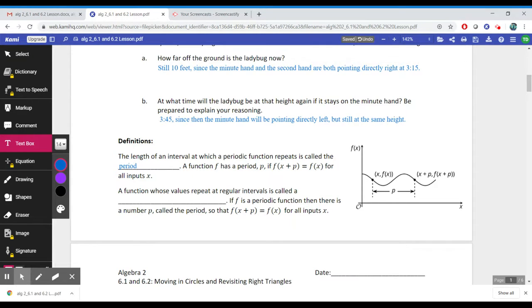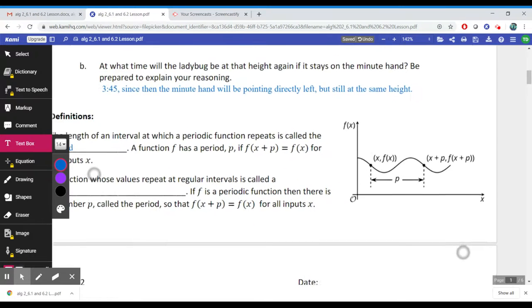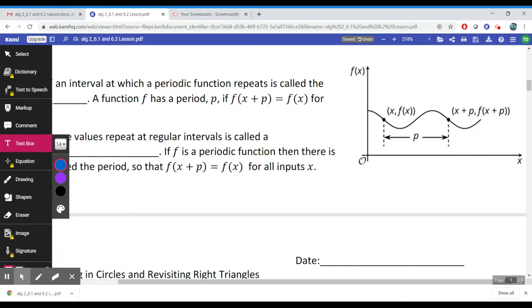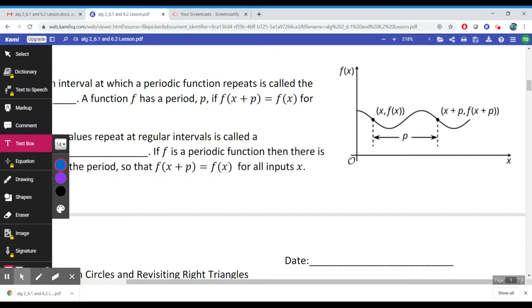A function f has period p if f of x plus p equals f of x for all inputs x. So all that second part is saying is that if a function's output repeats itself every time you add some constant value, p, to the input, then the function has a period equal to that value, p in this case.